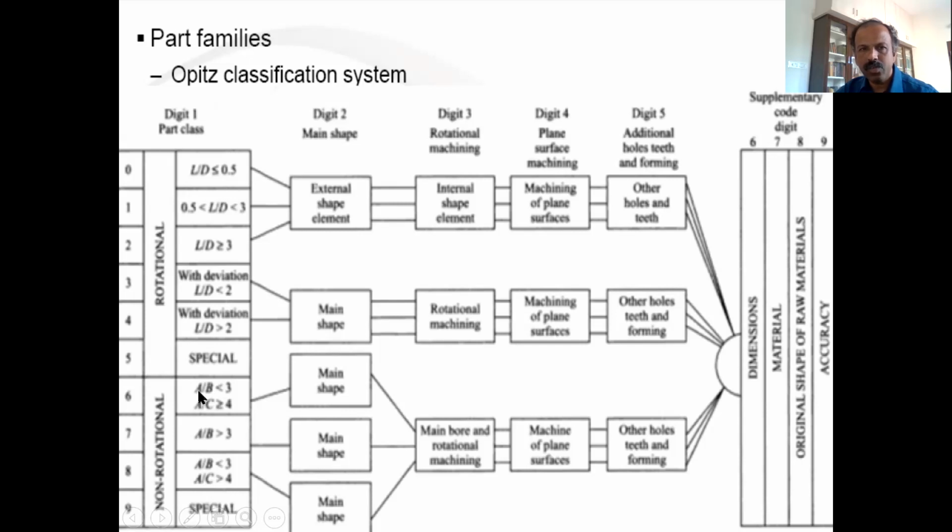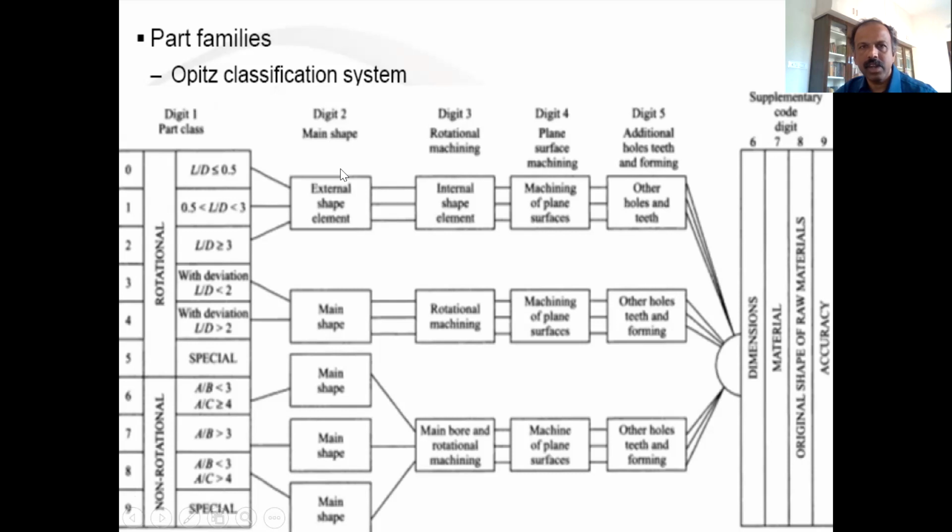If the ratio A by B is less than 3 and A by C is greater than or equal to 4, for that particular part we say the digit is 6. The code starts with number 6. So all these are the possibilities for the first digit, which can take any number from 0 to 9.